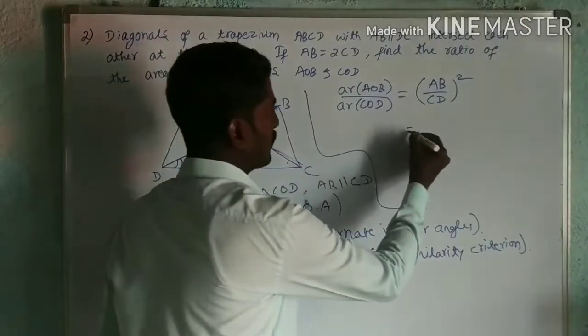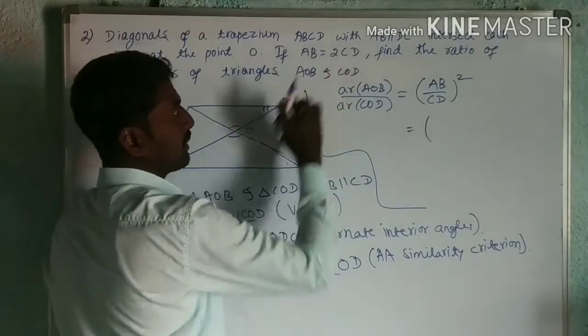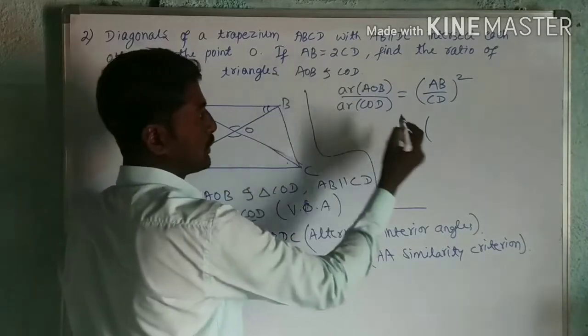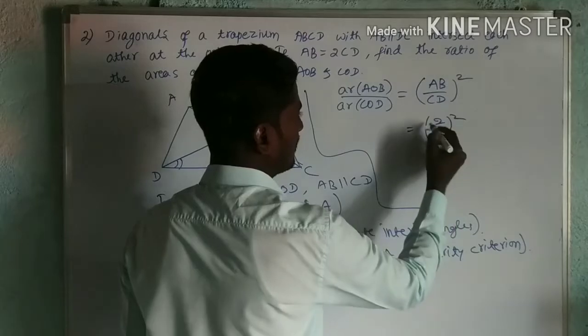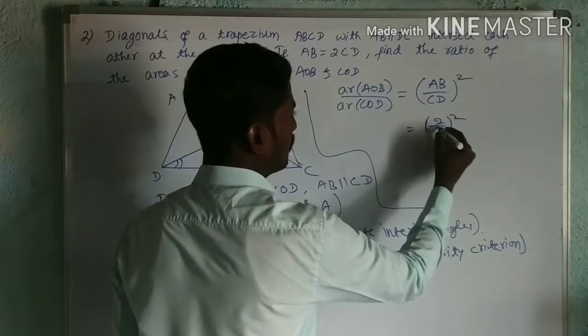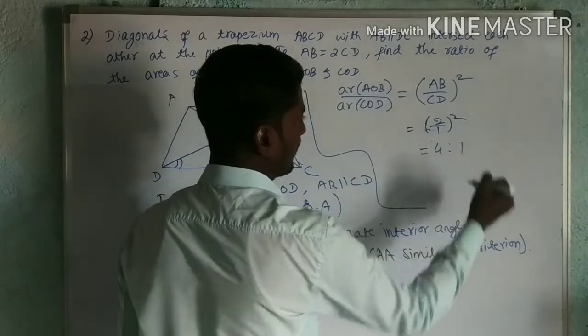So by using this condition I can get this ratio. AB divided by CD is nothing but 2 divided by 1, so 2 square, which is 4:1.